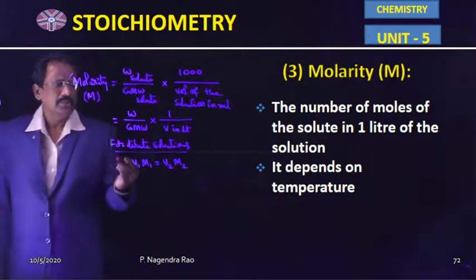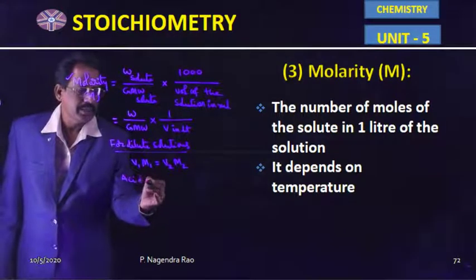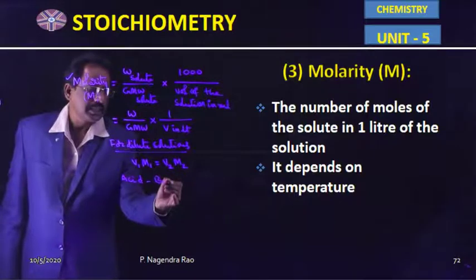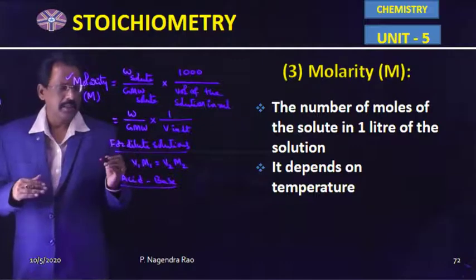Suppose an acid and base react together; the type of chemical reaction is known as an acid-base neutralization reaction.